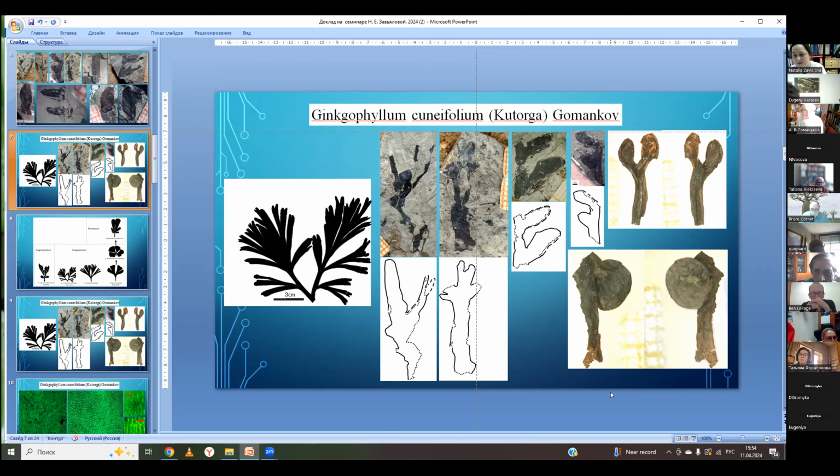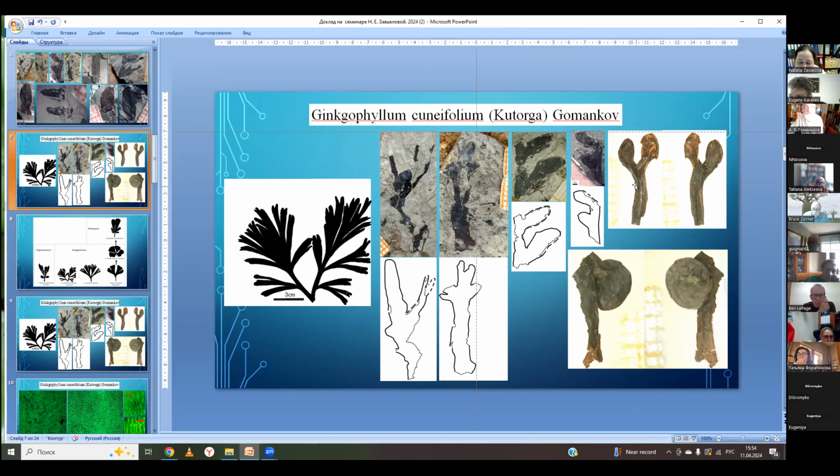I supposed that it may be a generative structure, but no seed scars are visible here anywhere. And the epidermal structure of this remain is completely the same as in obviously vegetative fragments.